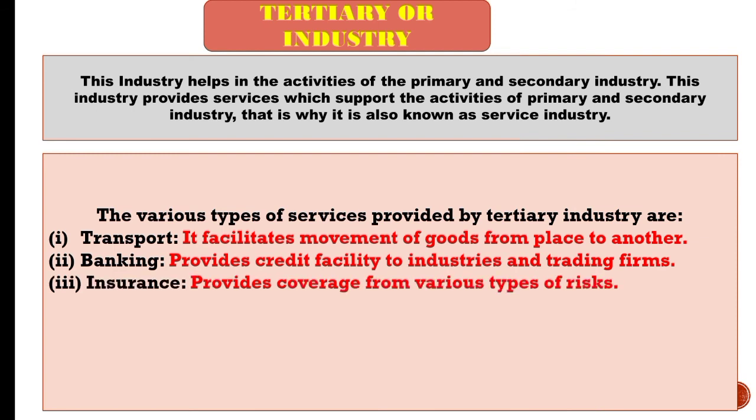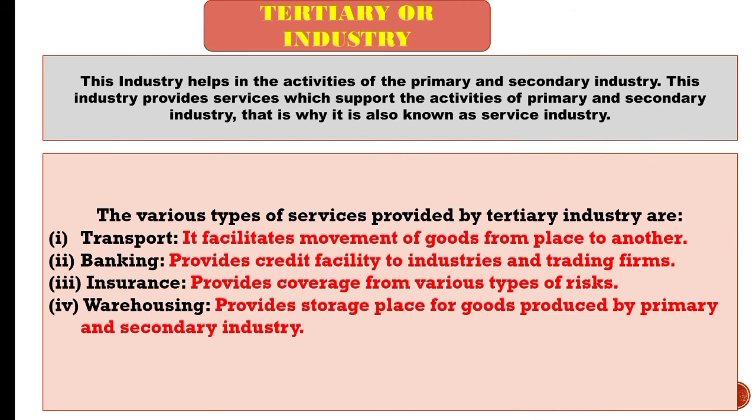Third is insurance. Insurance provides coverage from various types of risk. As we know, businessmen have to bear various types of risk, so insurance provides some protection from these risks. Such risk can be of loss due to fire, theft, accident, etc. The insurance company also provides protection to the employees against the risk of accident while working.